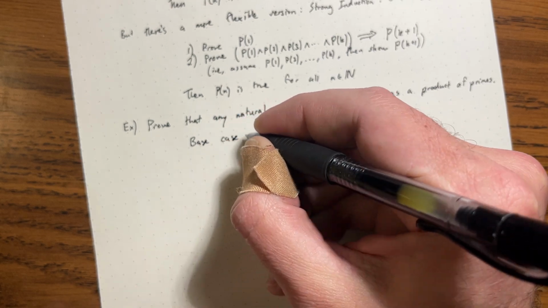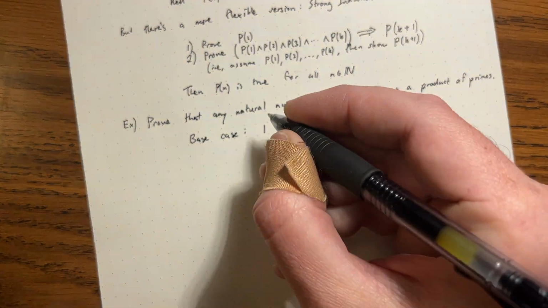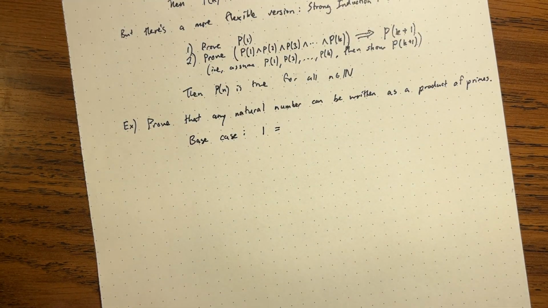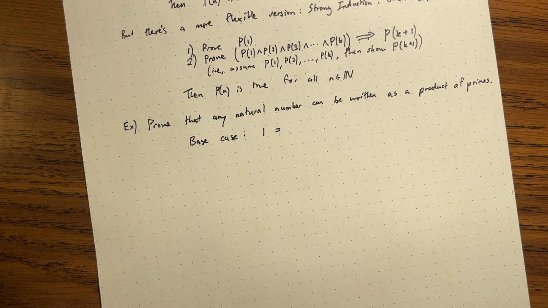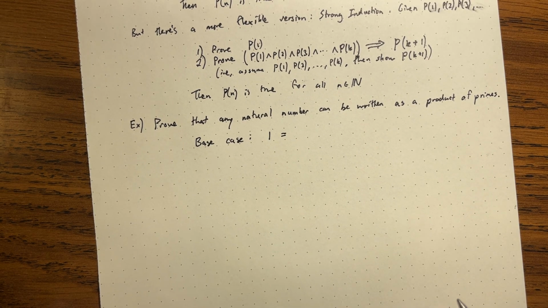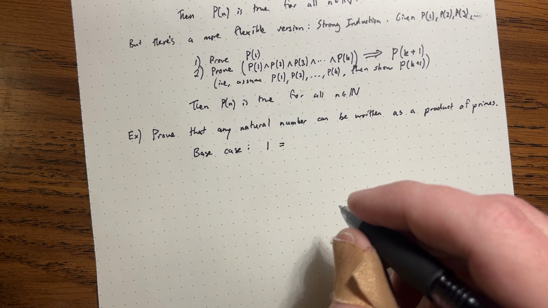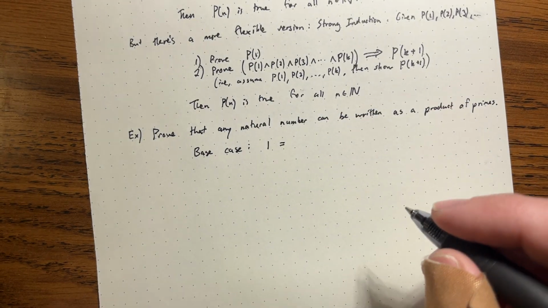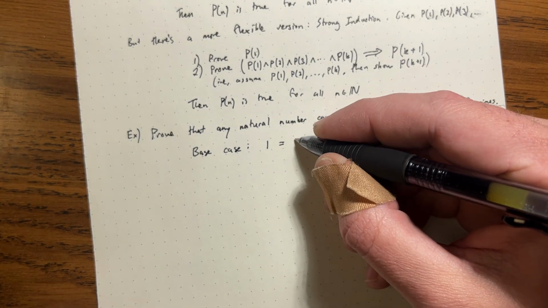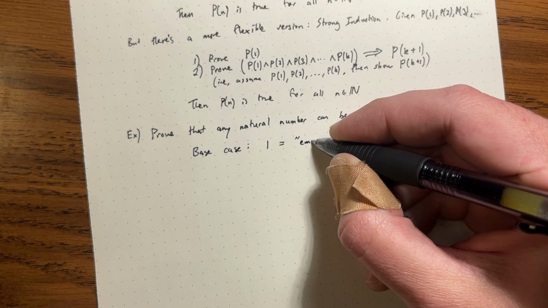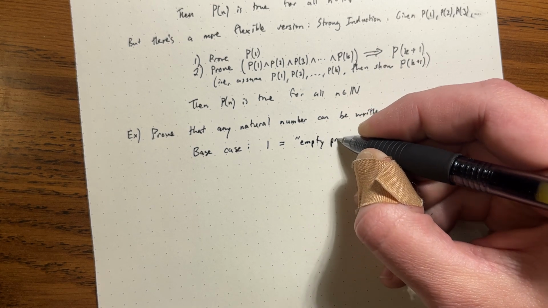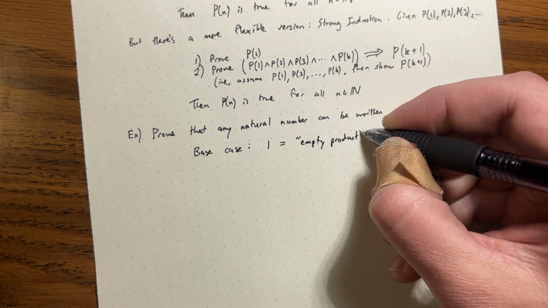So base case, well, we can start with 1. And you might think, well, wait, 1 is not a prime. So is this really a product of primes? Well, mathematicians consider 1 to be the empty product. It's a product that has nothing in it.